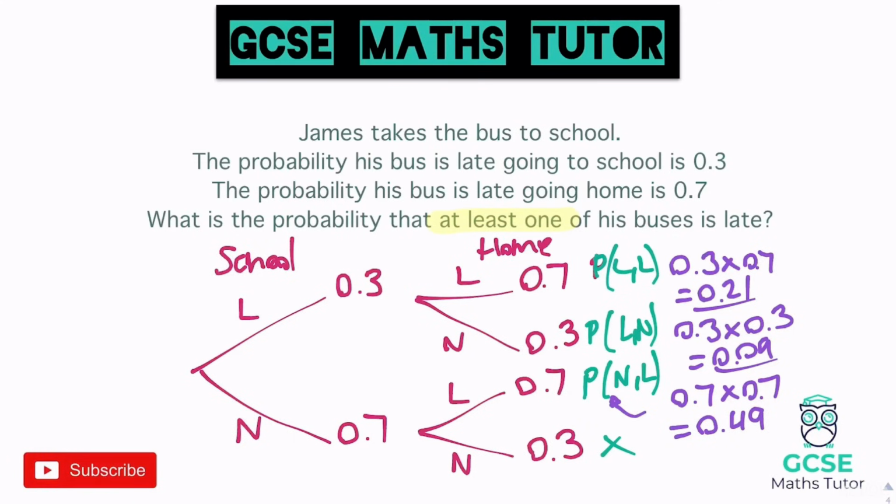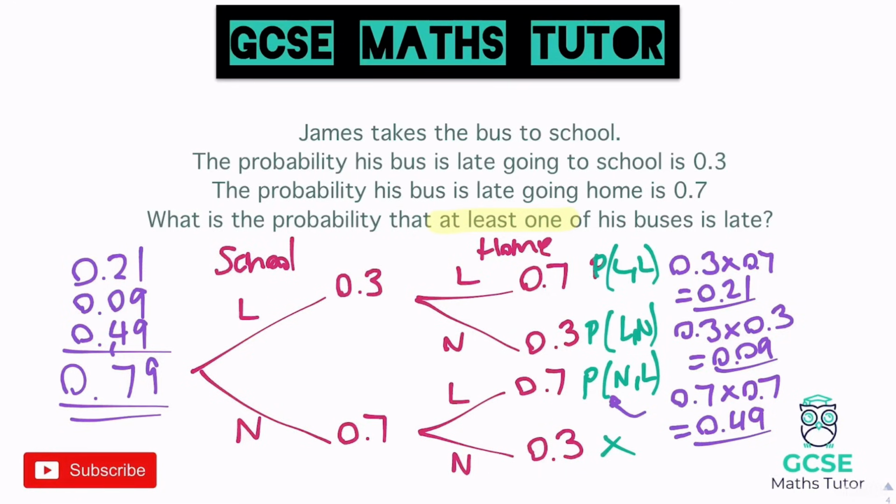So this time we've got 3 probabilities to add together, but because we've got a combination there, again, we just add them all up. So 0.21, 0.09, and 0.49. And altogether that adds up to 0.79 is our final answer for this one.